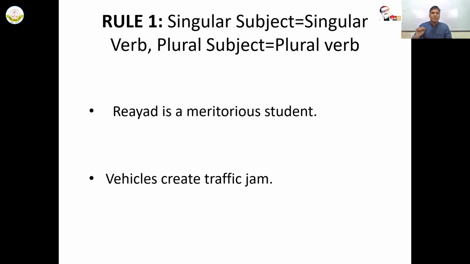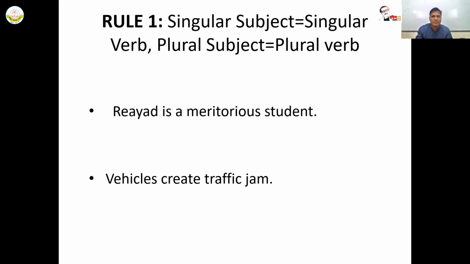I'm going to rule one, and it's a common way that a singular subject takes a singular verb and a plural subject takes a plural verb. For example, Riyadh is a math student.